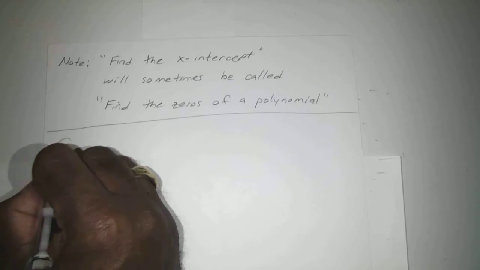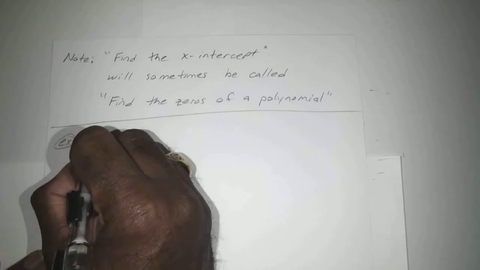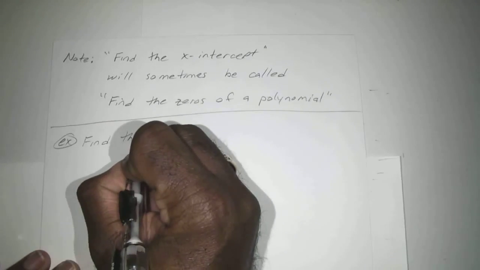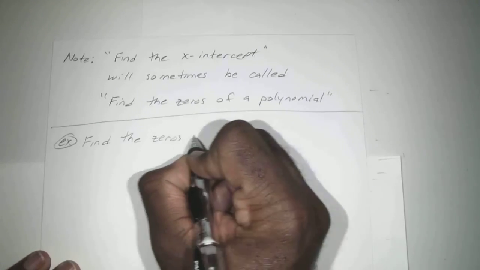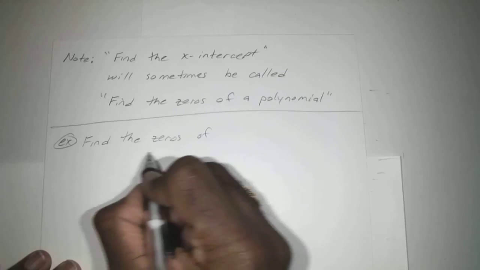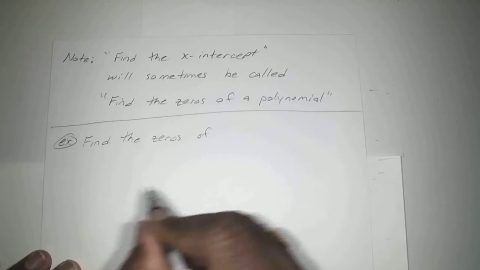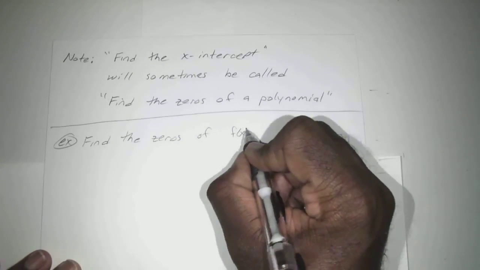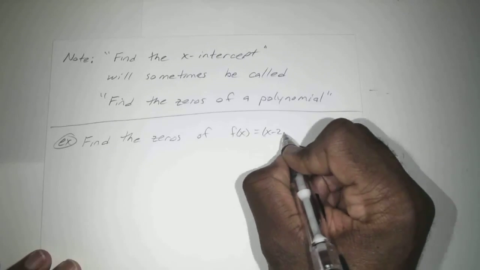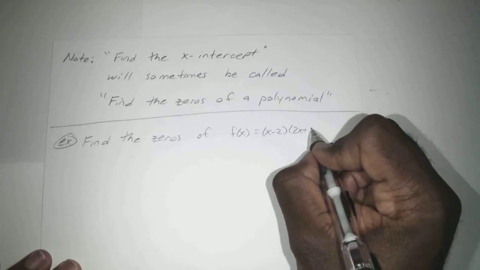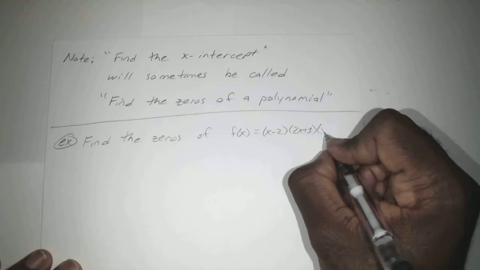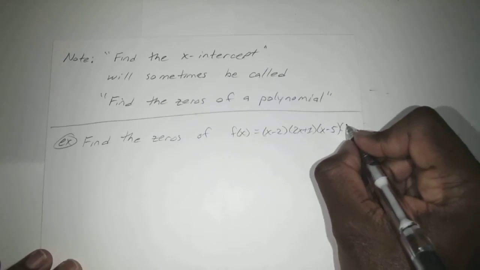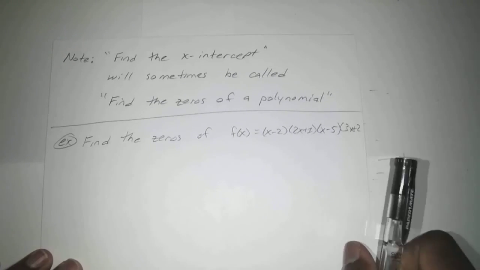Okay, so let's say, for example, if you want to find the zeros of f of x equals x minus 2 times 2x plus 1 times x minus 5 times 3x plus 2.